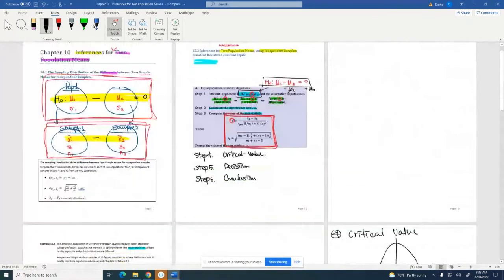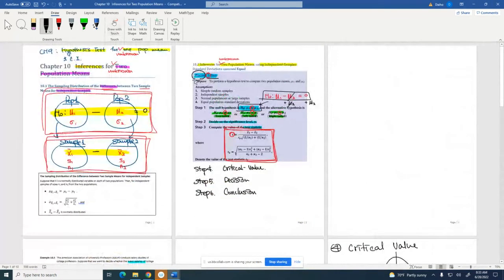Please look at the picture here, the very beginning on the first page. Yeah, in chapter 10, we have two populations and two samples: two sample means, two sample standard deviations, and two sample sizes, 1 and 2. We remember the degree of freedom in chapter 9 was n minus 1.